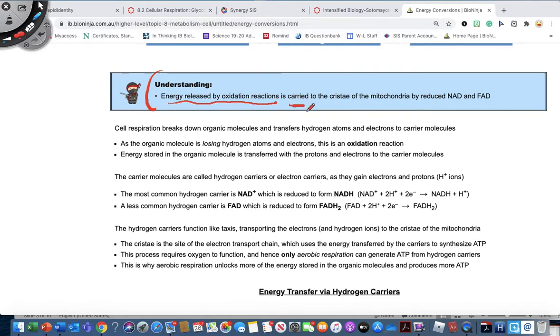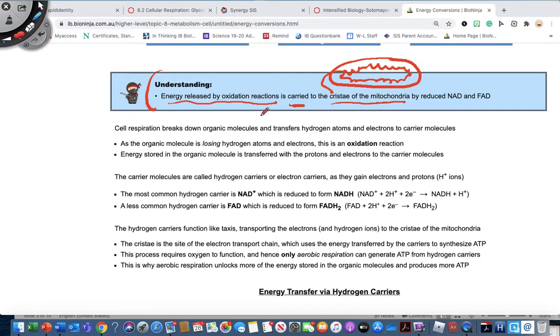But then this energy that gets released needs to be carried, and it needs to be carried to the cristae of the mitochondria. And if you remember the cristae of the mitochondria, if we draw a mitochondria here carefully, the cristae is just that inner membrane of the mitochondria, right? So that's what the cristae is.